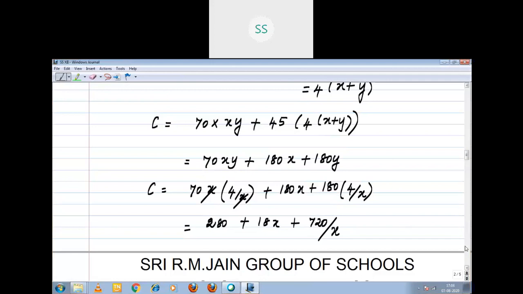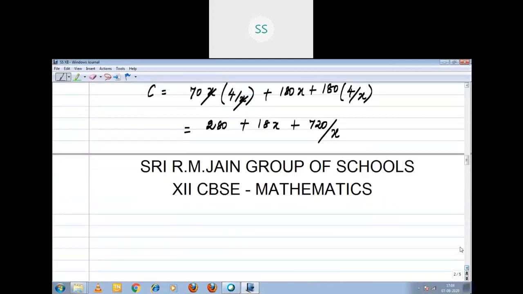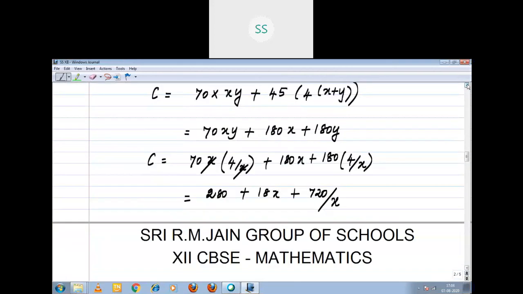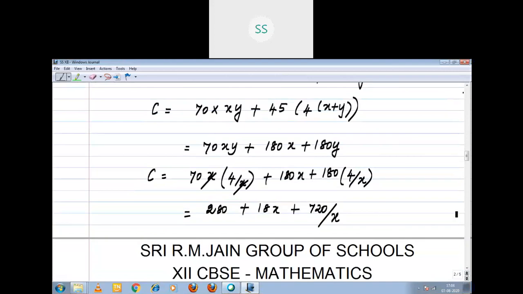Now we are going to differentiate the function. Better you take 180 as common. That is easy, right, children?